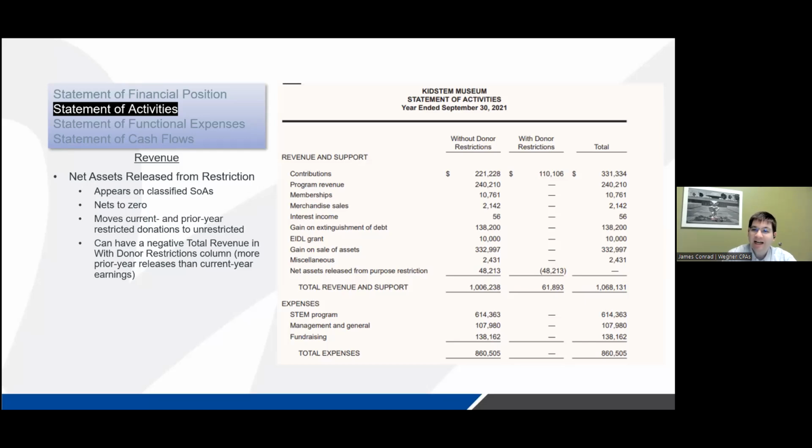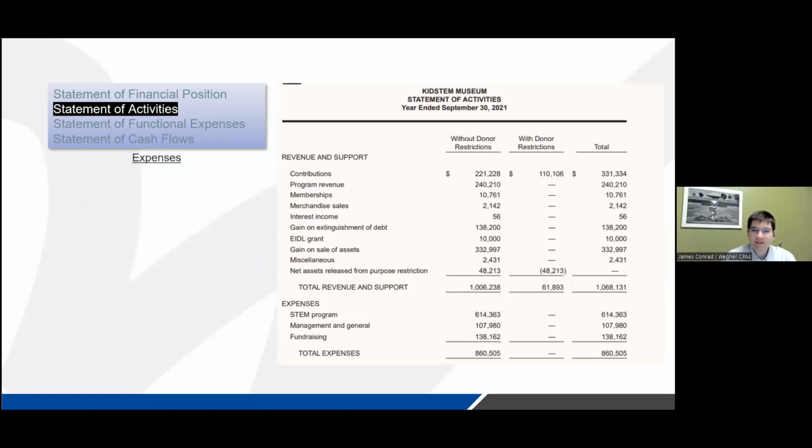So you can often have a total revenue of a negative number in this section. In this example, we don't have negative. They have received more contributions in the current year than has been released from restriction. But it is okay if that column is below zero.